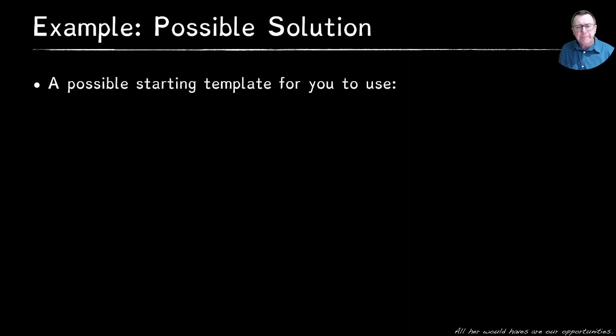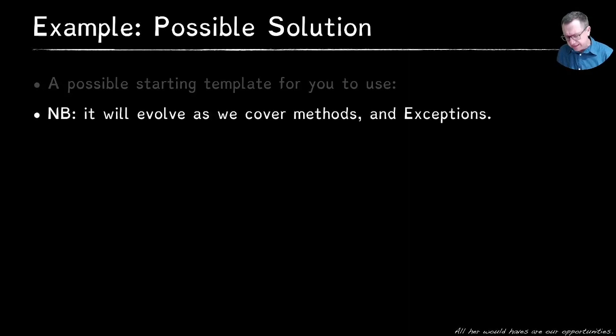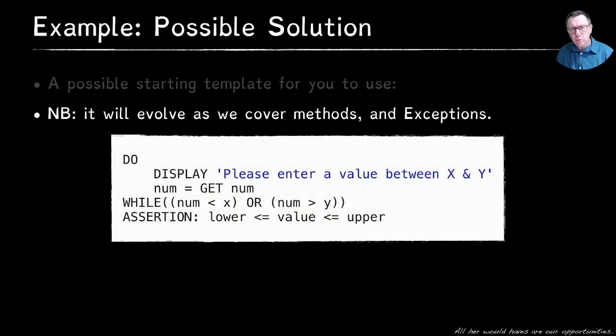So, possible solution. Let's have a look at this, and we will evolve this as we introduce exceptions and things. So we go to do. Please enter a value between X and Y. So we're into our loop and we're now telling them what they need to enter. And we get it, we check, and we either go back and say, please enter a value between X and Y. So we've solved it in this way by having, in this case, a really clear prompt that tells the user what to do.